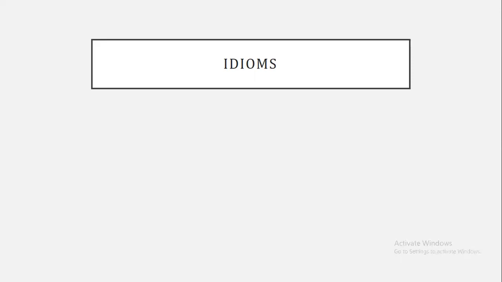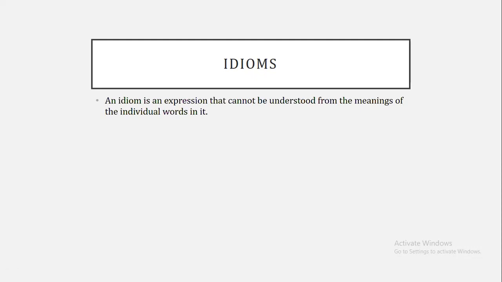Yes, Yassine? An idiom is when you say a sentence but it has a different meaning. Okay. A piece of cake, like easy. Excellent. All right. So thank you, Yassine.